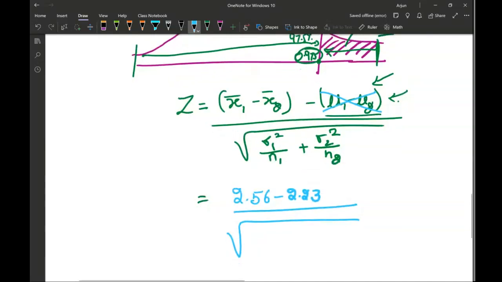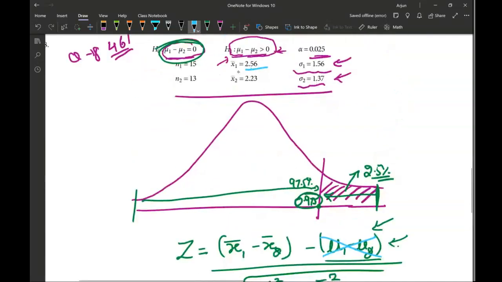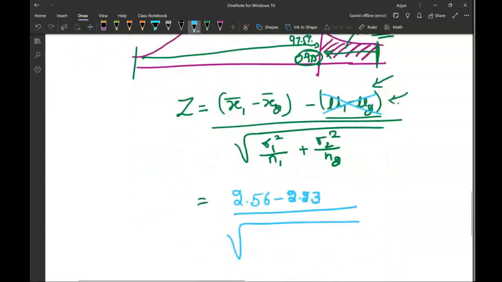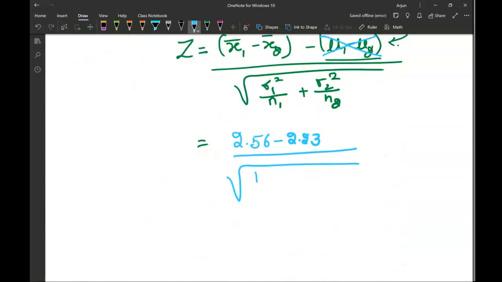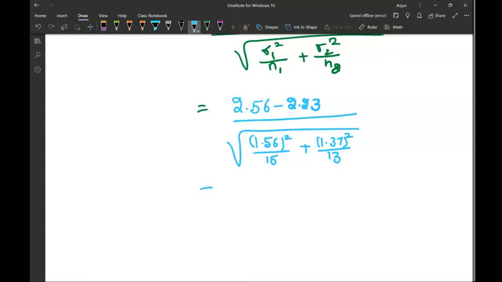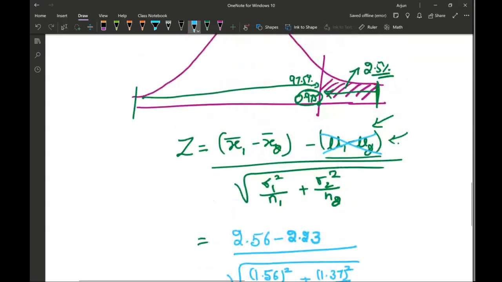The values given to me are 1.56 and 1.37, so 1.56 squared upon 15 plus 1.37 squared upon 13. Once you solve this, the z value will come out to be 0.59. Now let's see where this z value is.